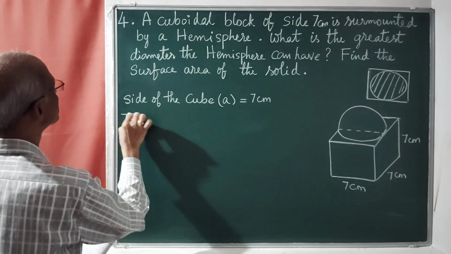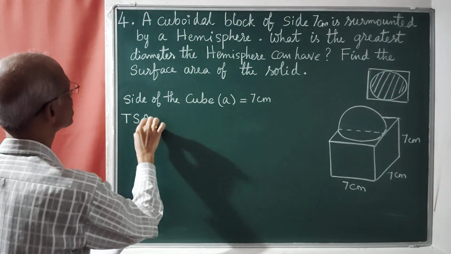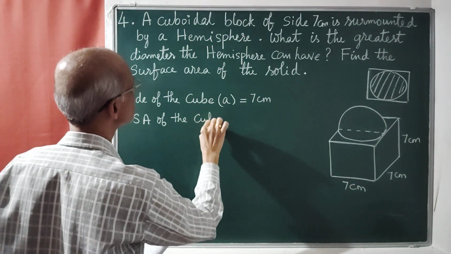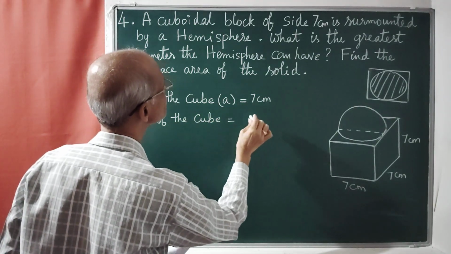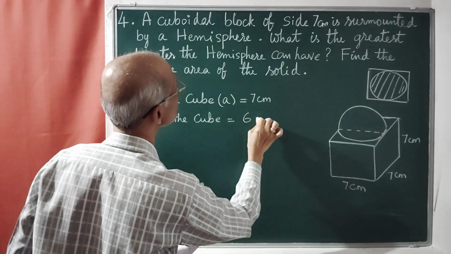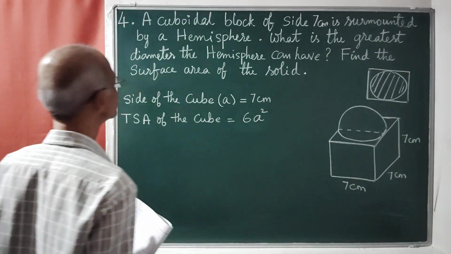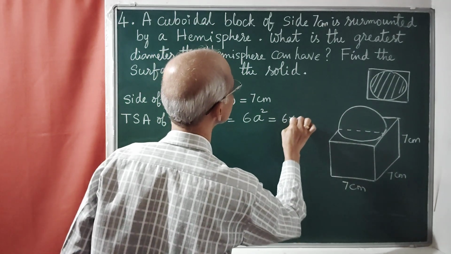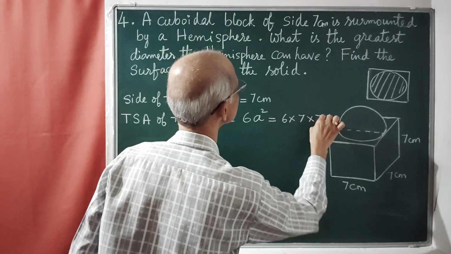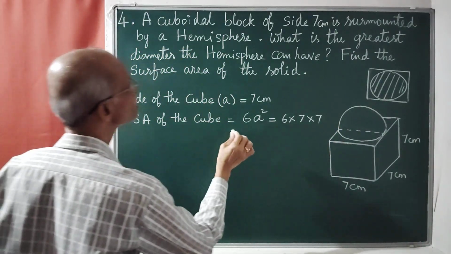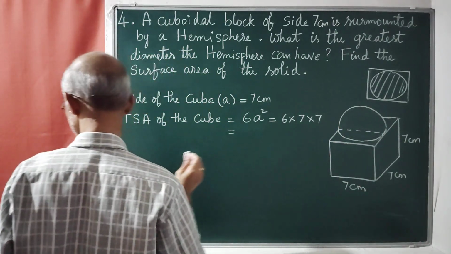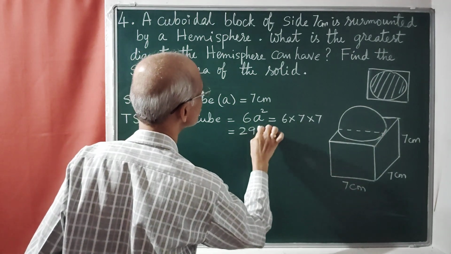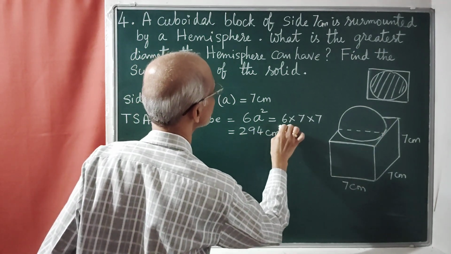So TSA, total surface area of the cube, is equal to 6A square, that's equal to 6 into 7 into 7, that's equal to 294 centimeters square.